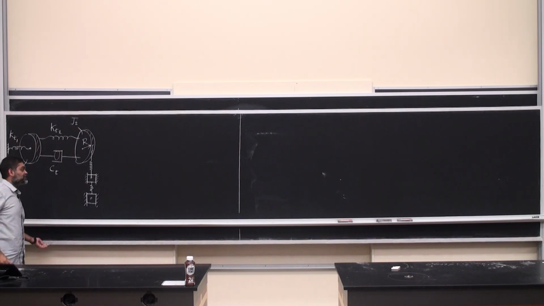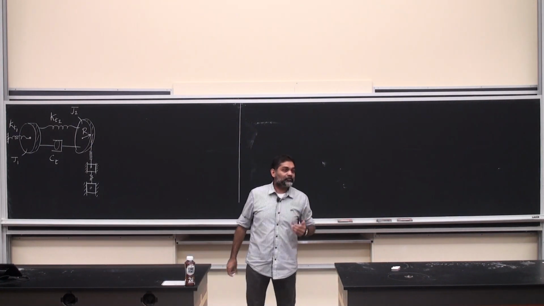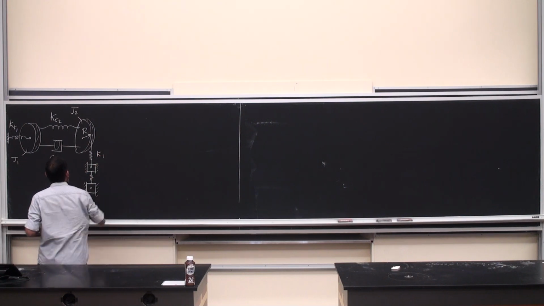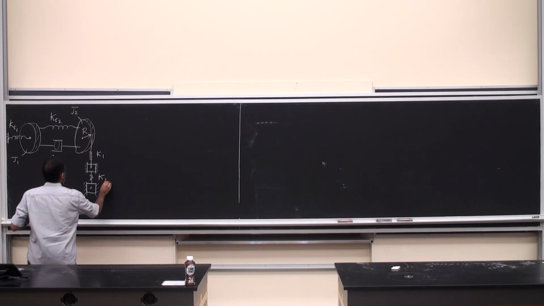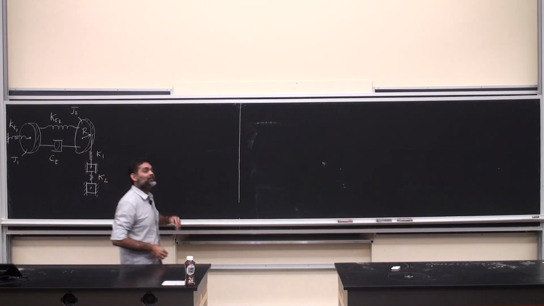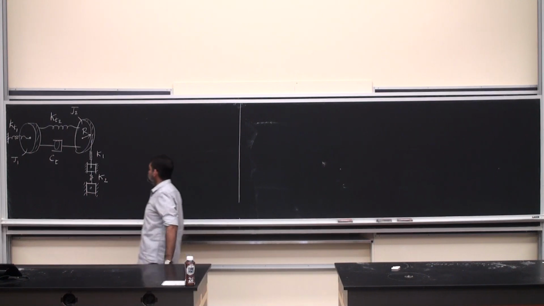Then I have a series of masses that are constrained to travel vertically, connected by a set of springs. So I have a spring of stiffness K1 and a spring of stiffness K2. These are translational springs, so they can only move along their length. And then there are two masses, M1 and M2.